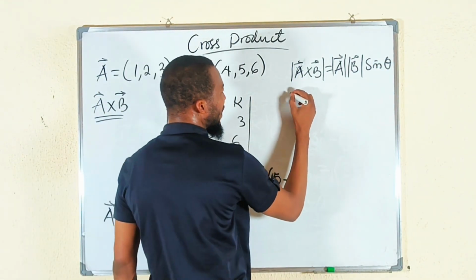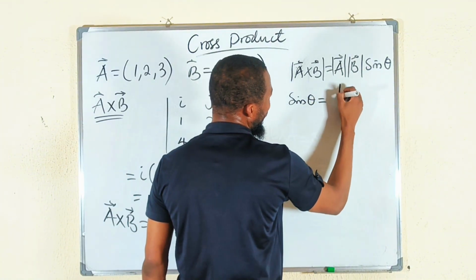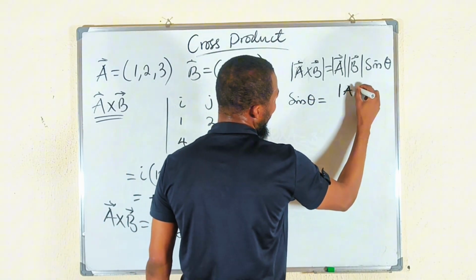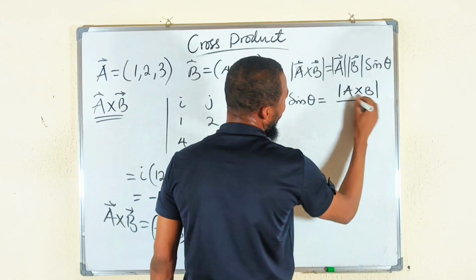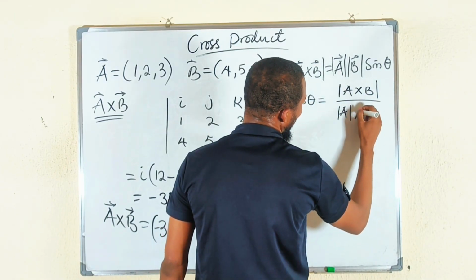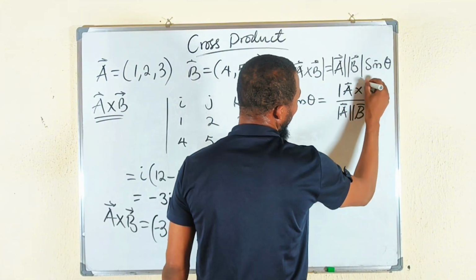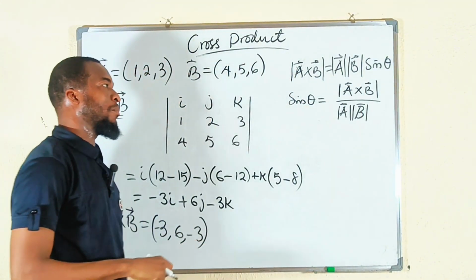So therefore, the sine of the angle between them is equal to the magnitude of A cross B divided by the magnitude of A multiplied by the magnitude of B. Later you take sine inverse to find the angle.